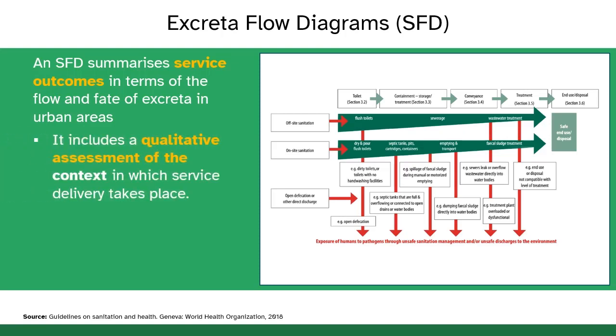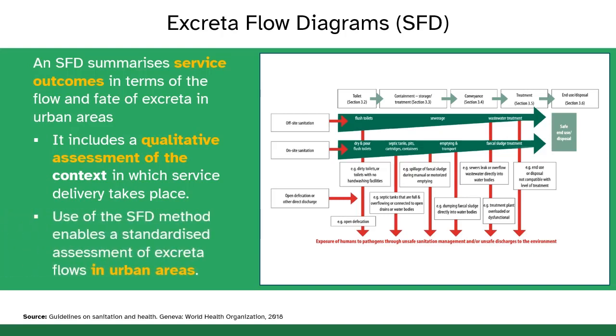It includes a qualitative assessment of the context in which service delivery takes place and provides a standardized assessment method. An SFD is not a precise scientific analytical tool or a direct representation of public health risk, but it will help you understand the major risks that need to be prioritized in your system.